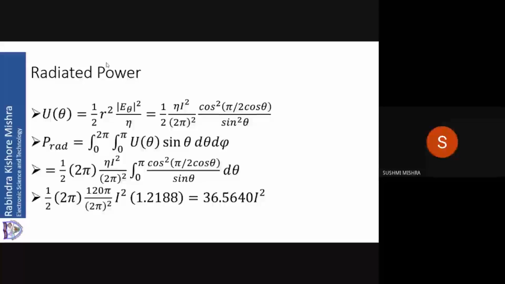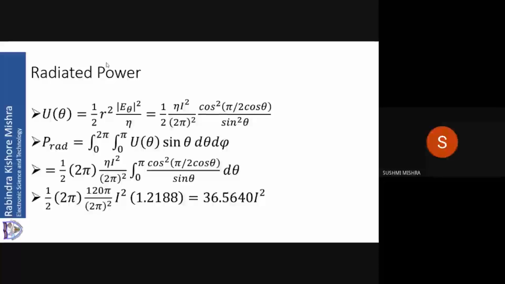Now once we find out radiation intensity, we can find out what is the radiated power. It is integration over 0 to pi over 0 to 2 pi, double integration, surface integration, U theta sin theta d theta d phi. So now if I keep on integrating this, only I will integrate over theta.